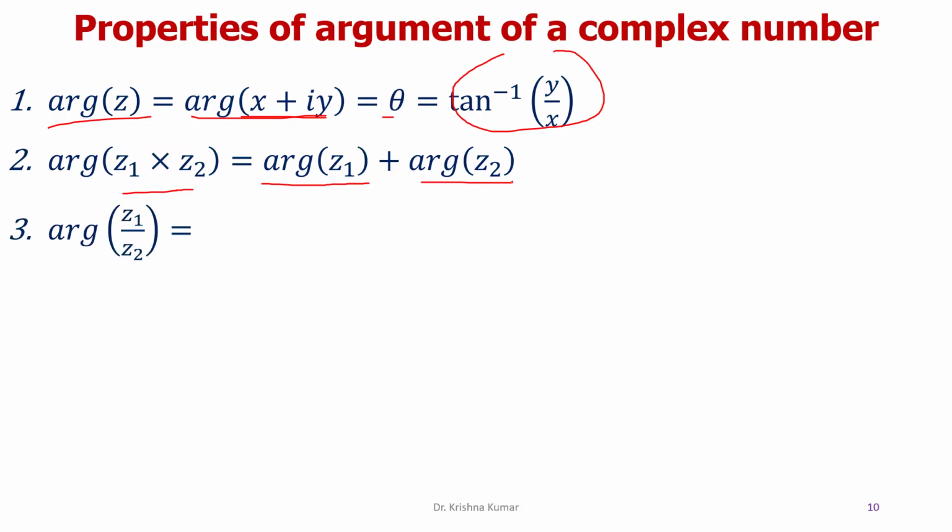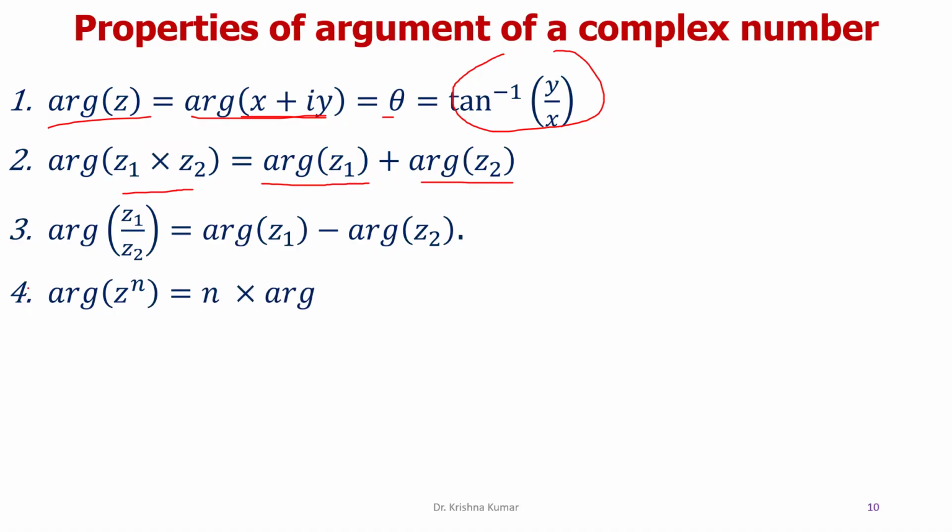The third property is argument of z1 upon z2, which is equal to argument of z1 minus argument of z2. The fourth property of argument is argument of z to the power n is equal to n times argument of z. Argument of its conjugate is equal to minus argument of z.